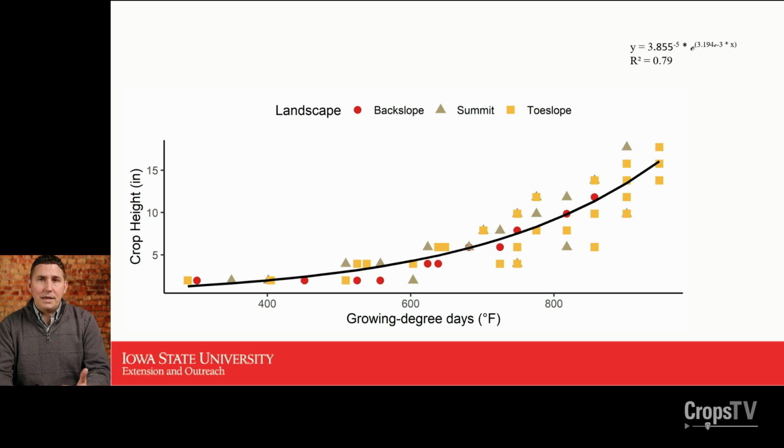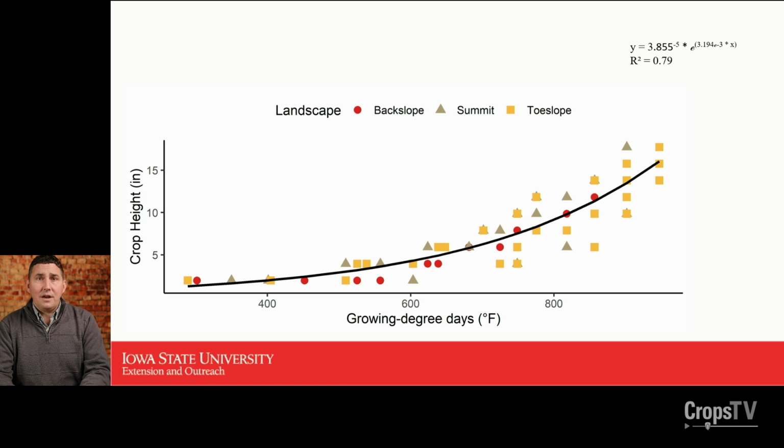Also, another thing to keep in mind here, this is starting at January 1st rather than April or May or whatever the actual planting dates were. And so this regression here is capturing about 80% of the variation, right?